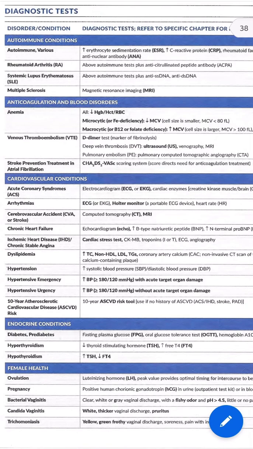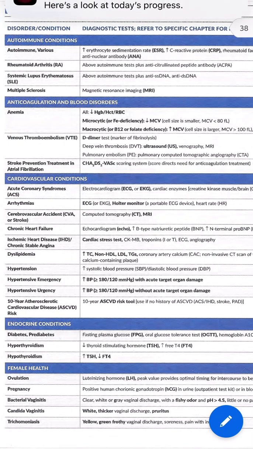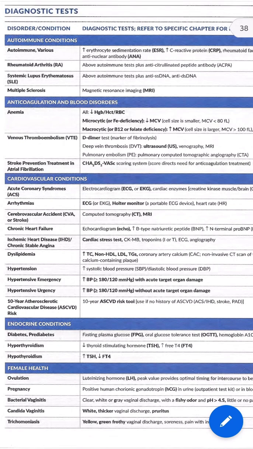Okay, so the left column is about the disorder or condition, and the right column is about the diagnostic test. If you want to know if a patient has an autoimmune disorder or not, you look at the erythrocyte sedimentation rate, or ESR.